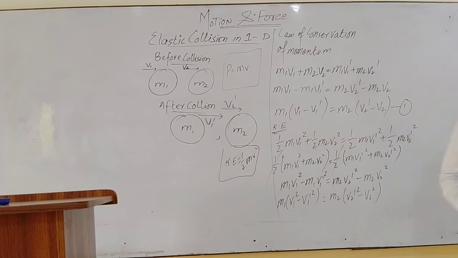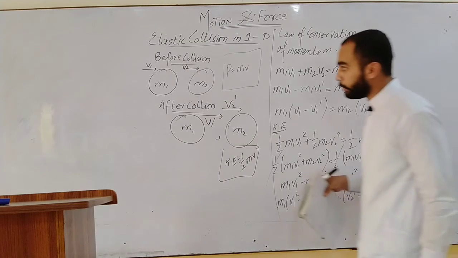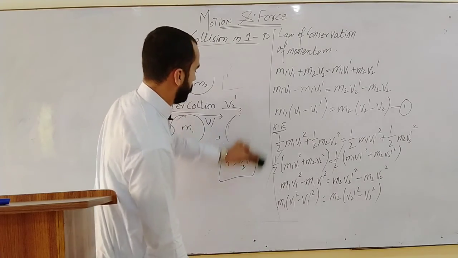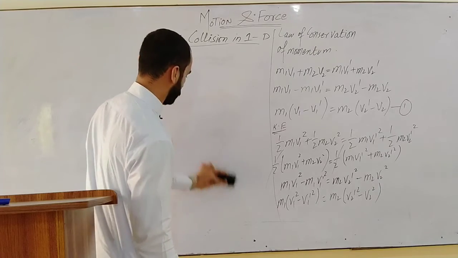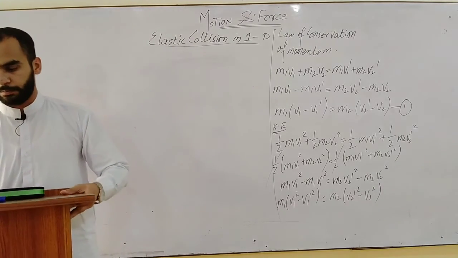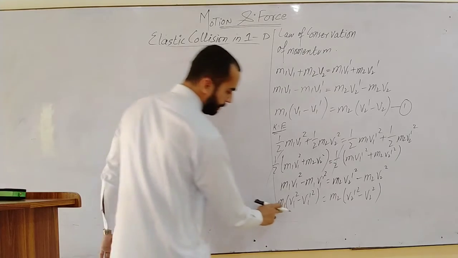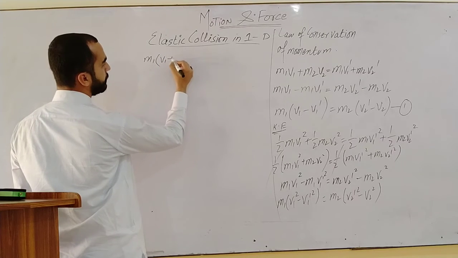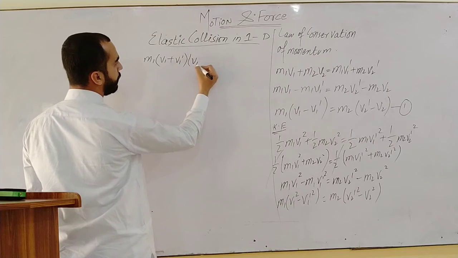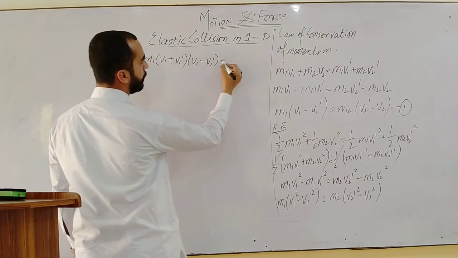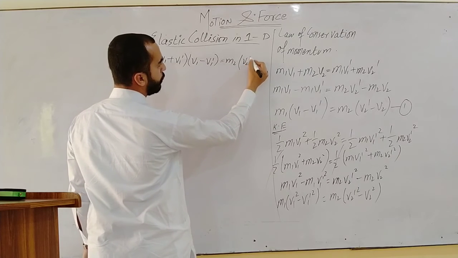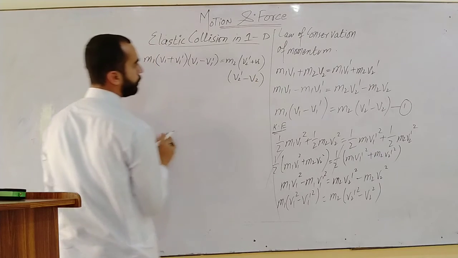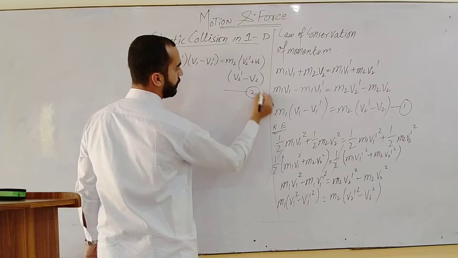As we know from the identities, we can say that m1 into (v1 plus v1 prime) into (v1 minus v1 prime) is equal to m2 into (v2 prime plus v2) into (v2 prime minus v2), and this equation will be called equation number 2.